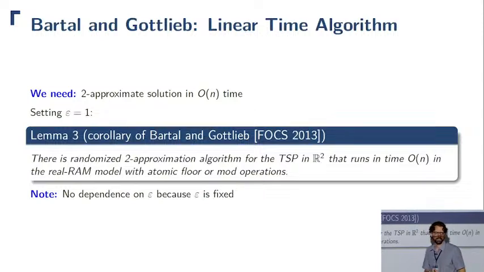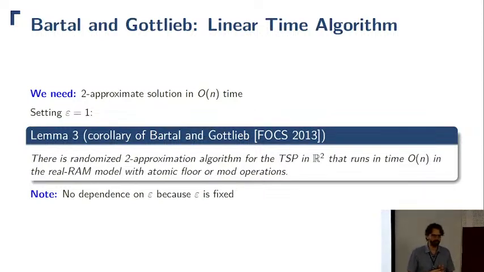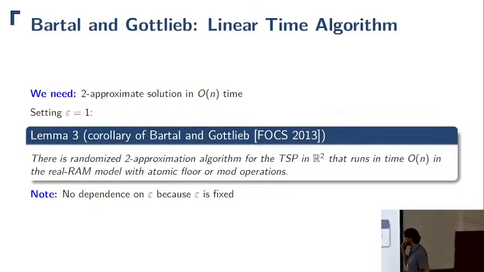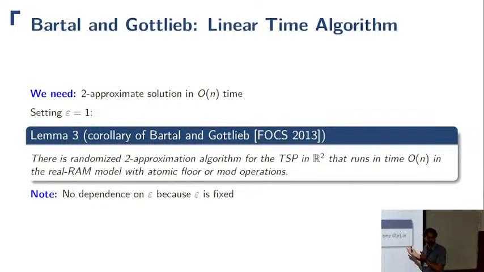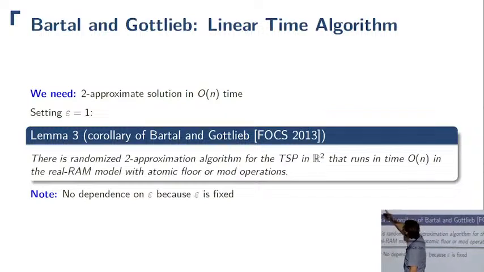then the next result that we will also need for our work is Bartal and Gottlieb. Bartal and Gottlieb had a much stronger result than what I stated here, but we apply it with epsilon equal to 1. This is what we need for our result.